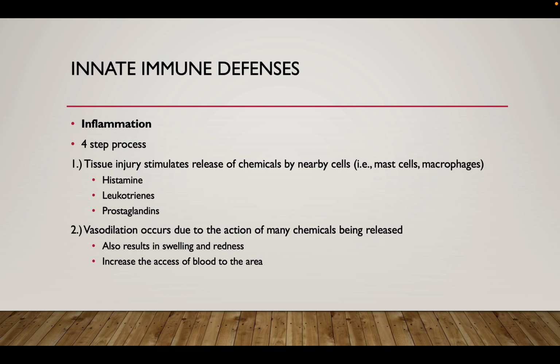Now, with this vasodilation, it allows for more blood to be present at the area of tissue injury. So if you have more blood at the area, you hopefully have more immune cells at the area, and that's really one of the important things with vasodilation, to increase the availability of lymphocytes and different types of leukocytes to that area that can then act to take care of any foreign pathogens that may have entered during the injury process.